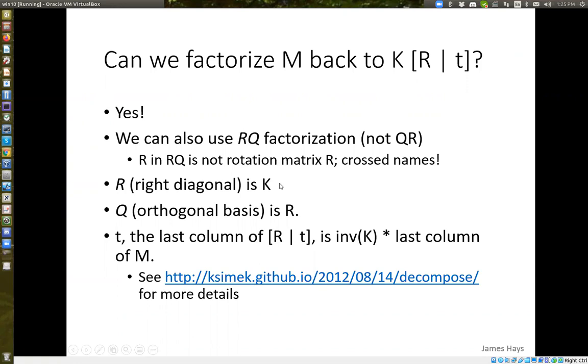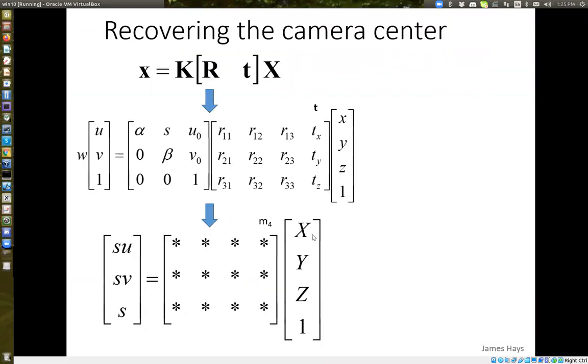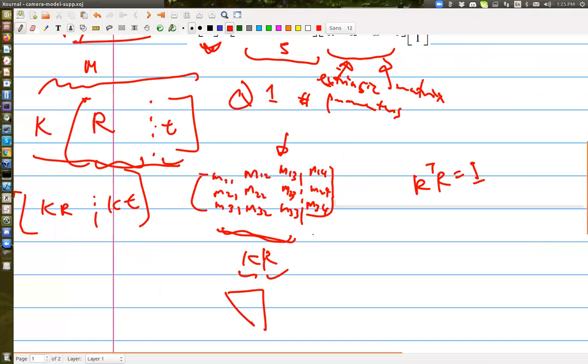So then we can get back K, and we know what R is, so therefore we can find T as well. Because if we know K here, we know this part here is KT, then T is equal to K inverse multiplied by this M14, M24, M34 here.